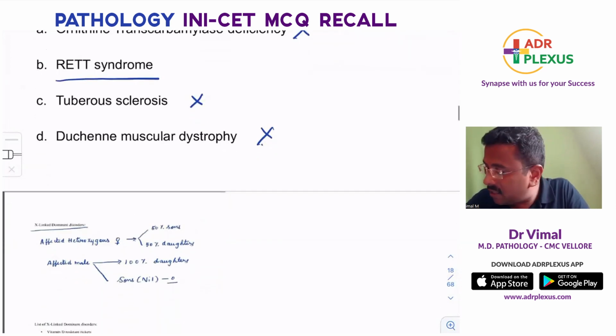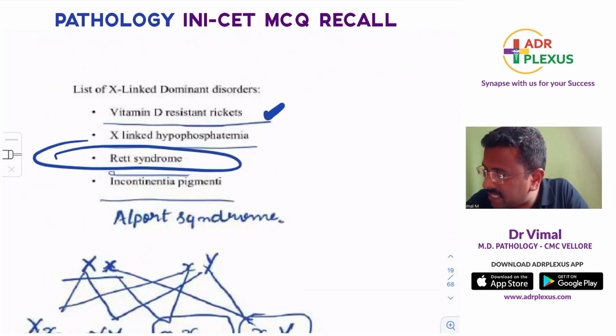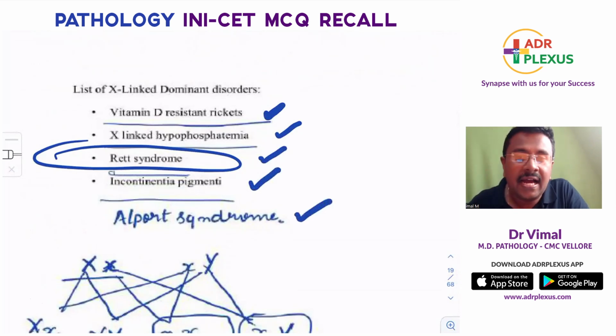So what are all the X-linked dominant disorders? Usually vitamin D resistant rickets, X-linked hypophosphatemia, Rett syndrome, incontinentia pigmenti, and Alport syndrome. These are the conditions which are inherited in an X-linked dominant fashion.